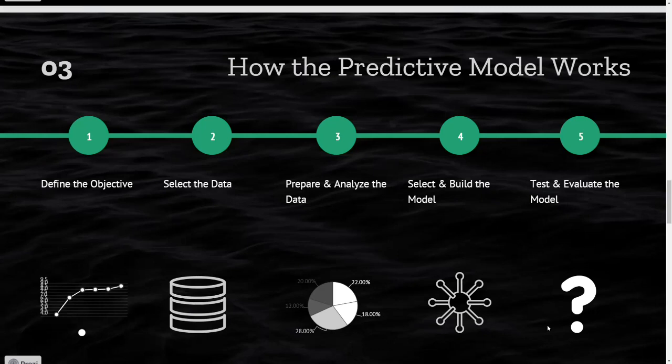Then after selecting your data and getting everything right, the next step is to prepare and analyze the data. What do I mean by preparing and analyzing the data? In real life, when you collect data, it's usually messy. Let's say you collected your data from a survey. There are going to be inconsistencies in this data. Not everybody is going to answer your question, and not everybody is going to answer in the same way.